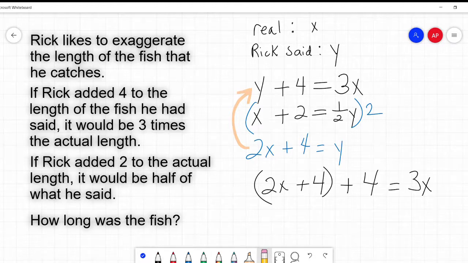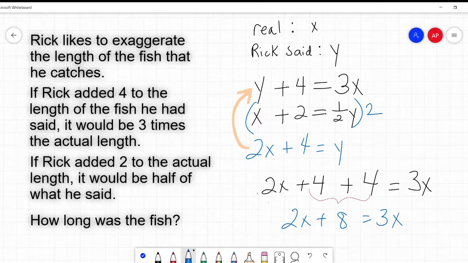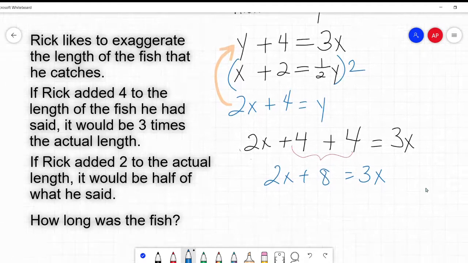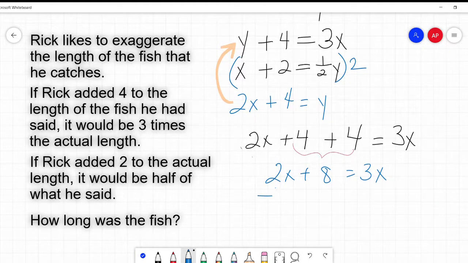Now, because this is all being added and no subtracting, these parentheses don't have to be here. I can combine these like terms to be 8. 2x plus 8 equals 3x. And then I'm just going to subtract 2x, and I get 8 equals x.